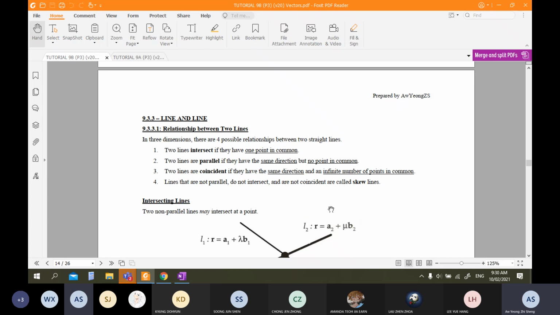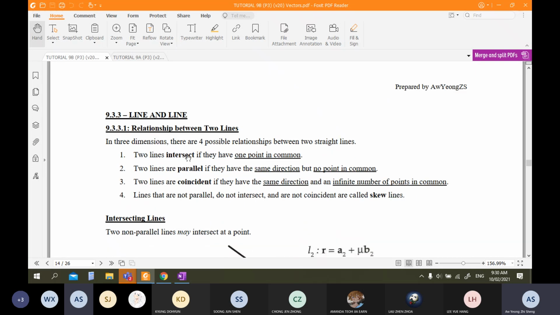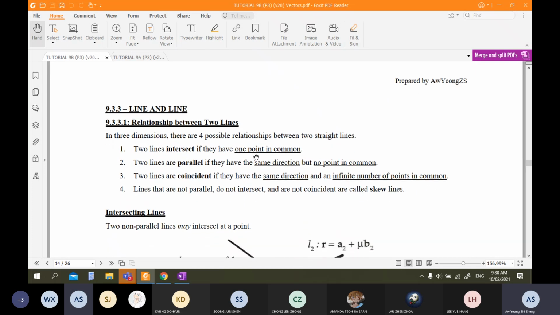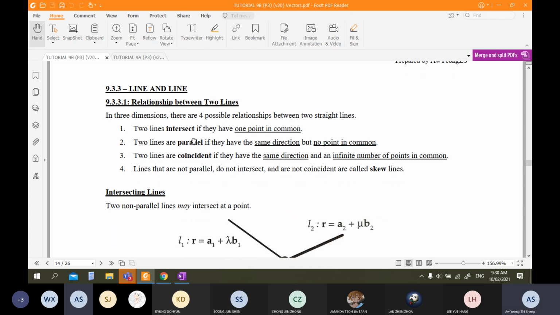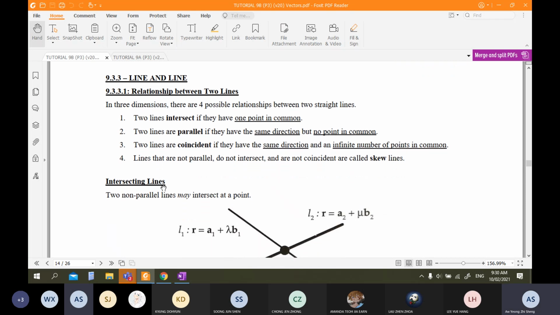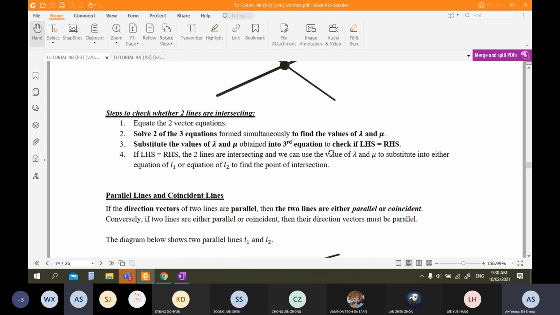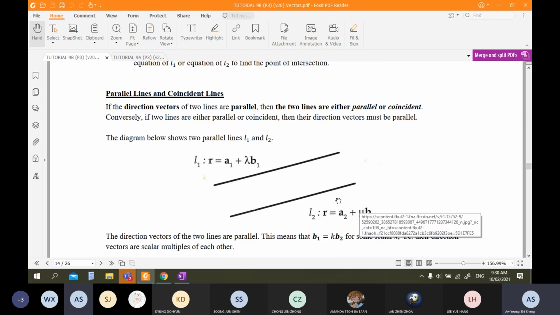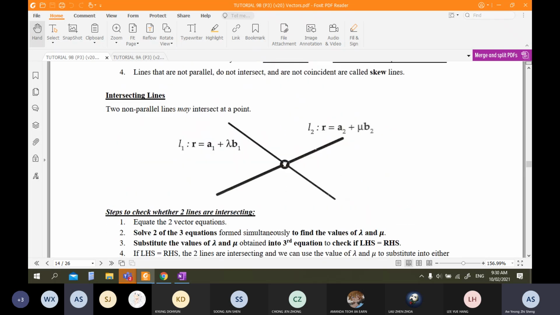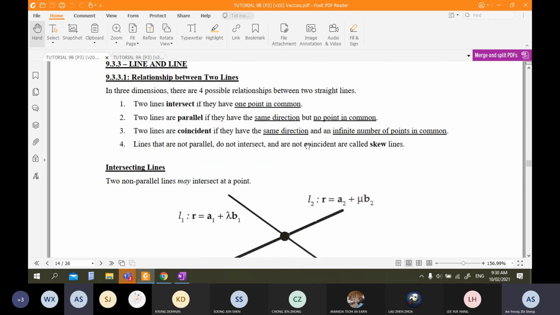So let's go back to the notes and see. I think I've already explained the meaning of the word intersect. Intersect means they have one point in common. So when we use the phrase intersecting lines, we mean they have one point in common. When we use the word parallel lines, it means they have the same direction but no point in common. In other words, never intersect. So parallel lines never intersect no matter how long you extend them. Coincident lines means they are essentially the same line.